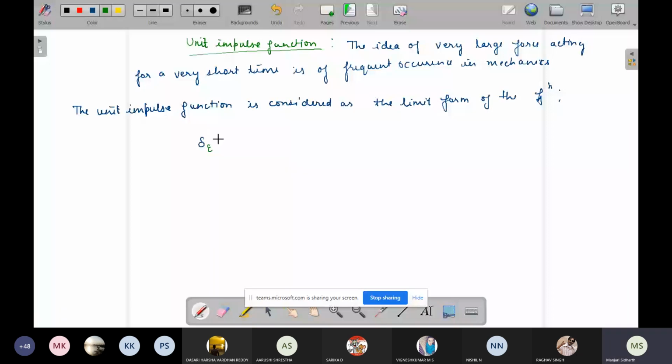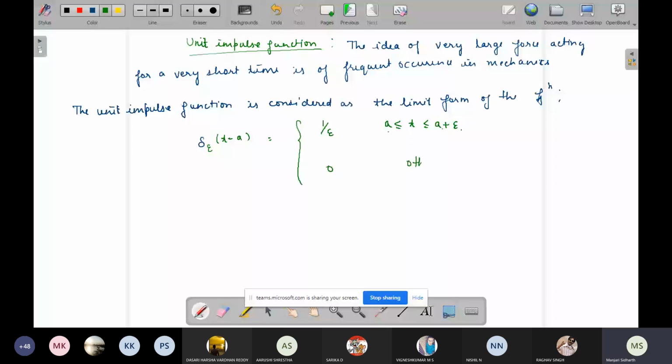So its value is 1 by epsilon when t lies between a and a plus epsilon, where epsilon is just a positive number but very small, like 0.00 something. In a very short time it is defined as 1 by epsilon, and its value is 0 otherwise.